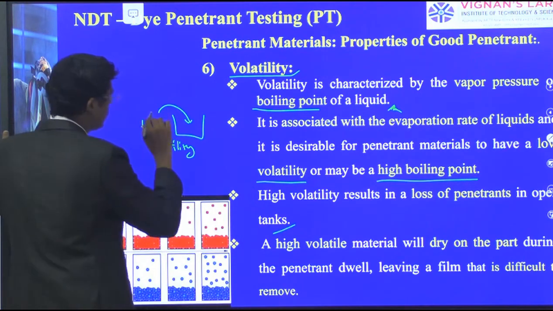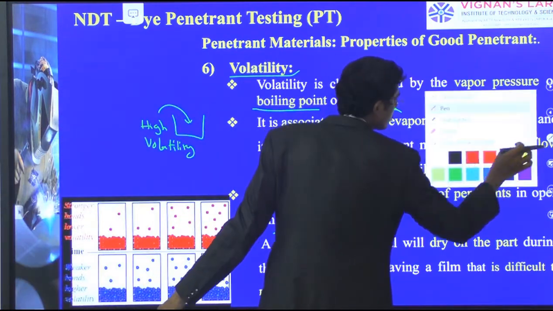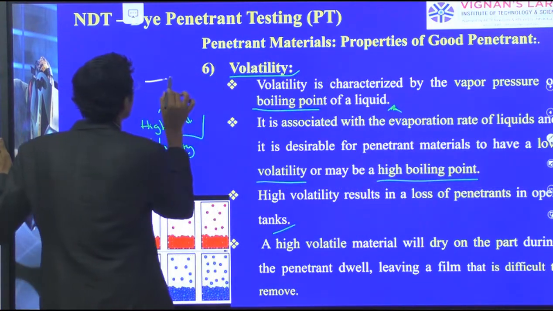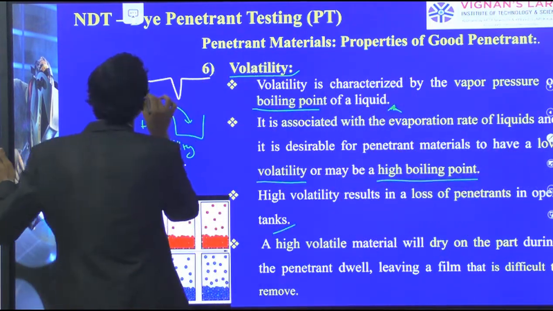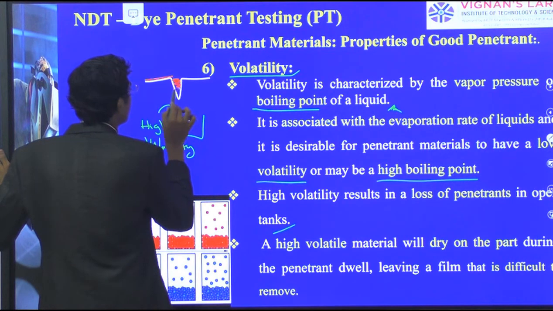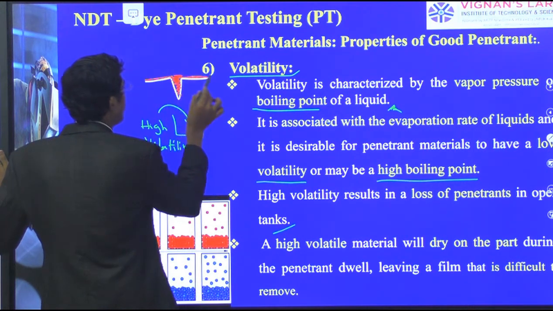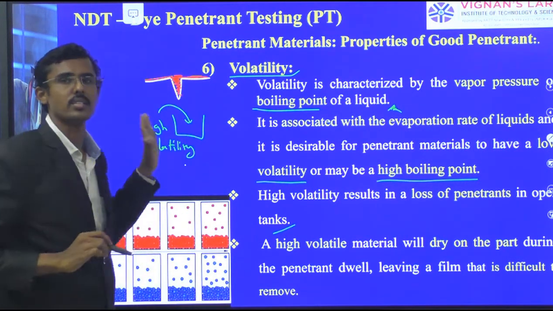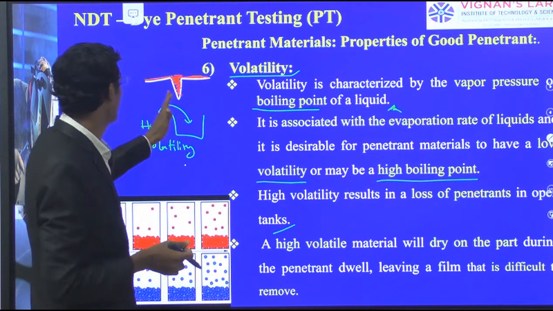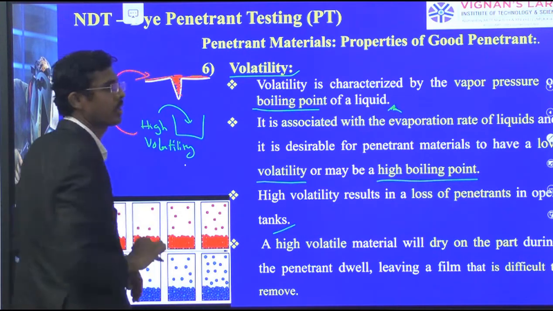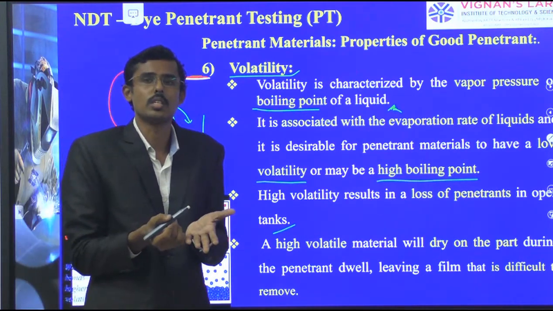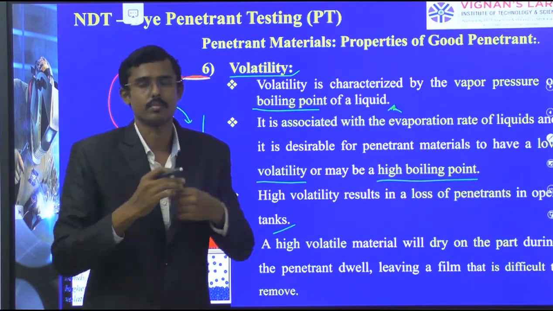So what happens in case, let us assume, in a crack, I have filled the penetrant inside, a penetrant having high volatile property. Now the sample is subjected to high temperature.